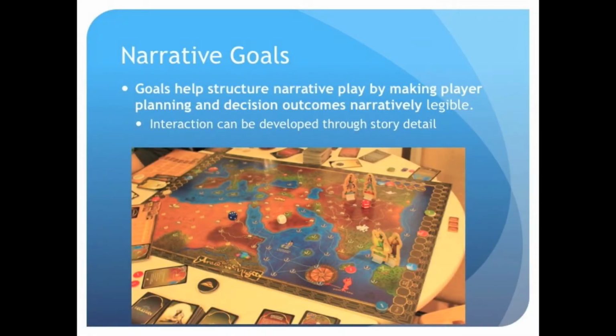As we move through the game and we have different meanings that arise out of our design of the game, this design structure paired with the narrative elements that we've built into our game gives different goals. And as designers, we want to build in goals that help structure the narrative play, the ways that players interact with what is going on. And so interactions can be developed through story detail.